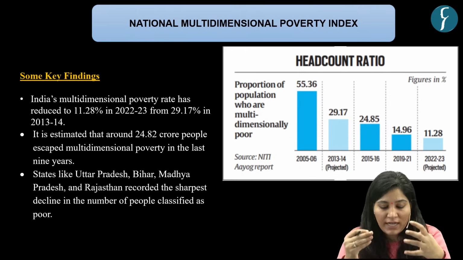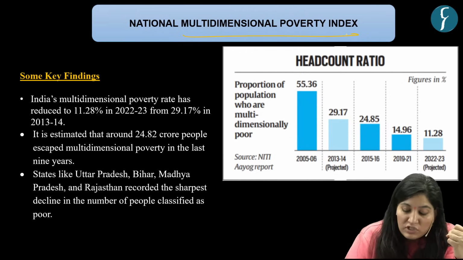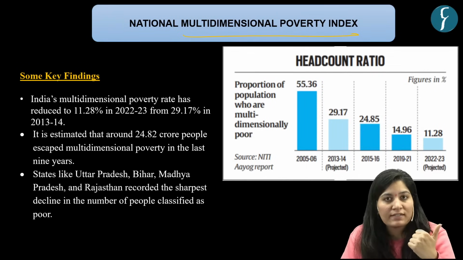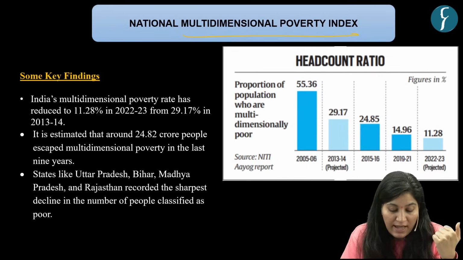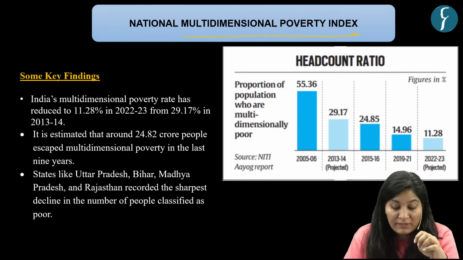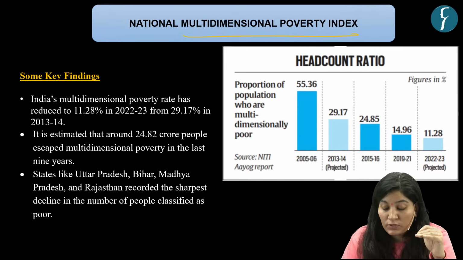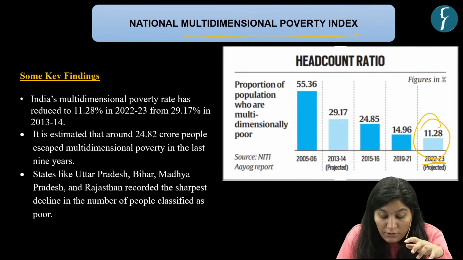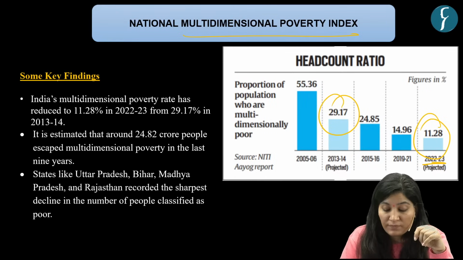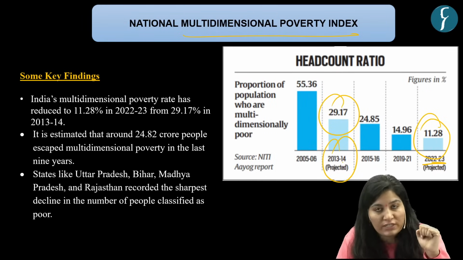and that is why Niti Aayog came with the multidimensional poverty index, which we have covered in our previous DNS session. And let's see the key findings. India's multidimensional poverty has reduced to 11.28% in year 2022-23 from 29.17% in year 2013-14.